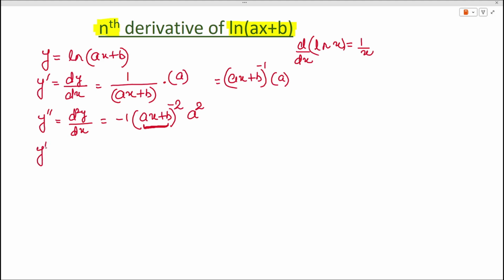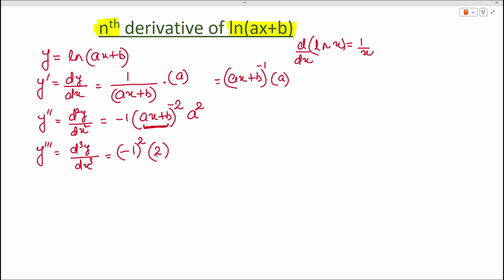Now for the third derivative, this is going to be equal to -1 times -2. So the -1 we'll multiply over here, and we'll make it (-1) raised to the power of 2, multiplied by 2.